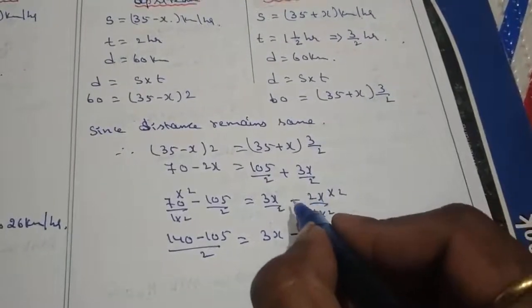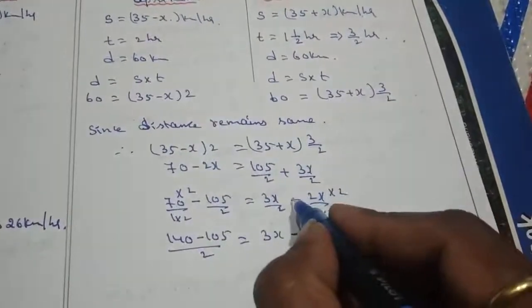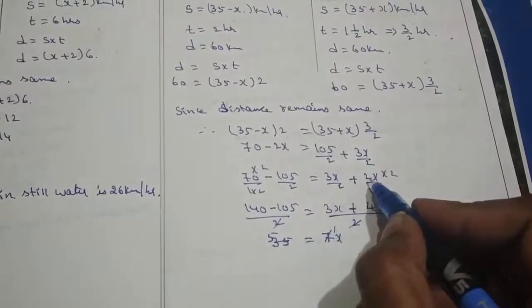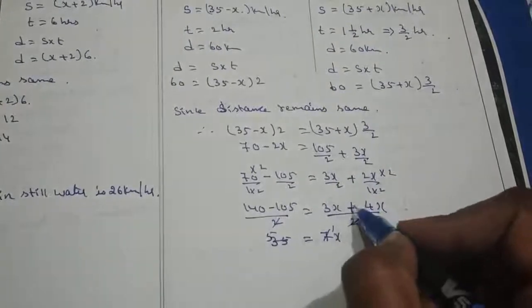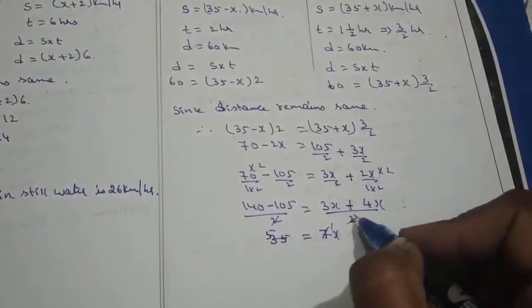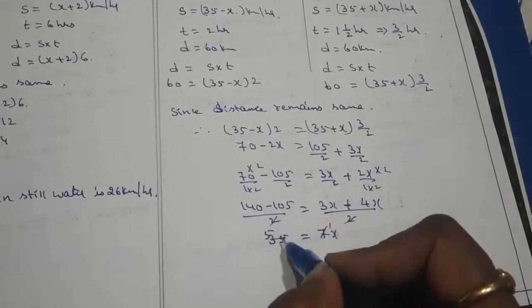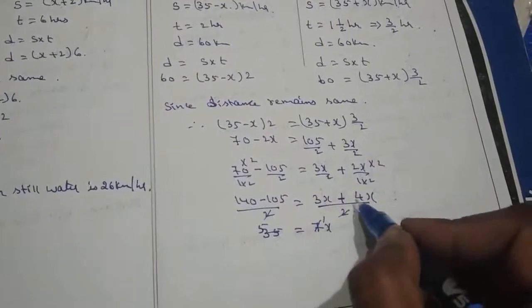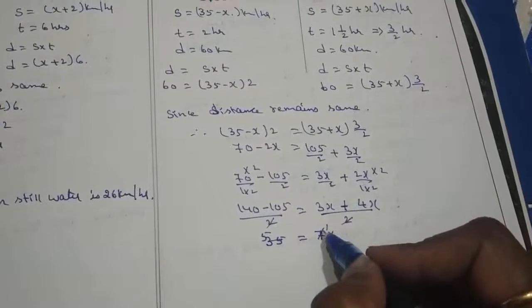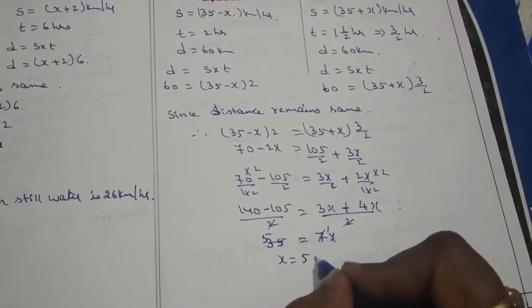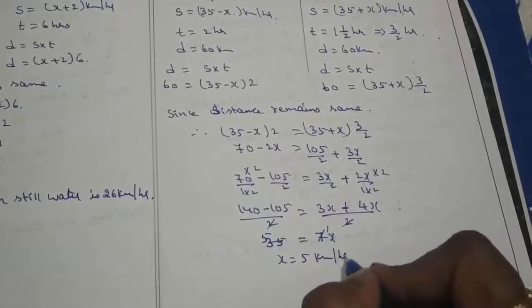So here small correction, children, minus 2x comes as plus 2x here. So plus 2x, 3x plus 2 into 2 is 4x/2. This 2 gets cancelled. 140 minus 105 is 35 equal to 3x plus 4x is 7x. Then 7 1 7 5, then x equal to 5 km per hour.